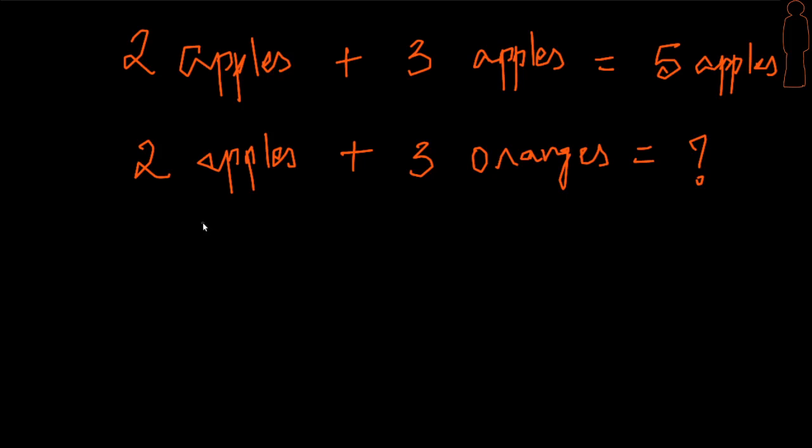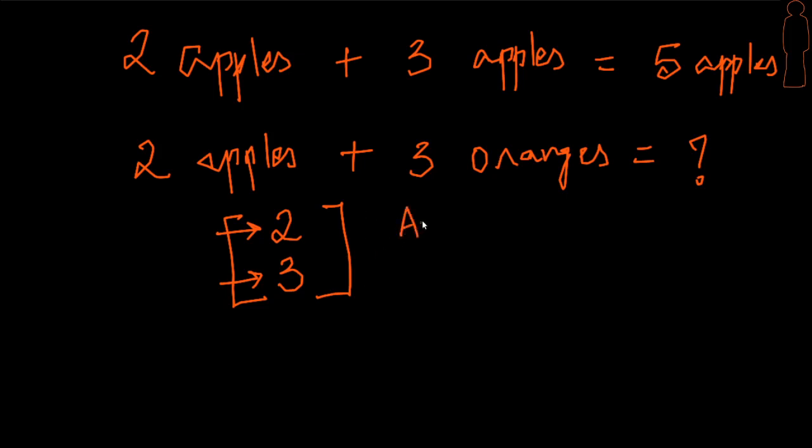We would like to perform operations on groups of items together. For example, we could represent this as 2 and 3 in one single column like this, where the number of apples that we have is the top number, and the number of oranges is the bottom. And we could extend this to any number of items that we would like to have.